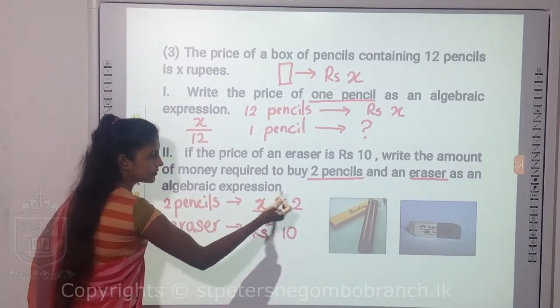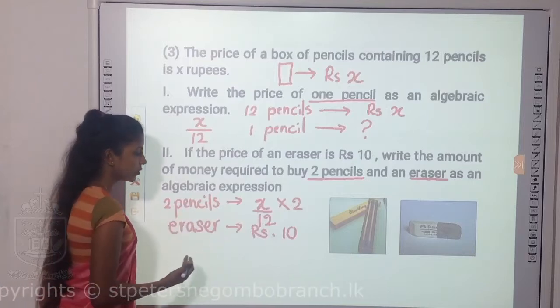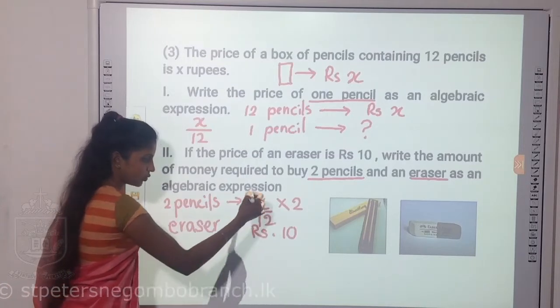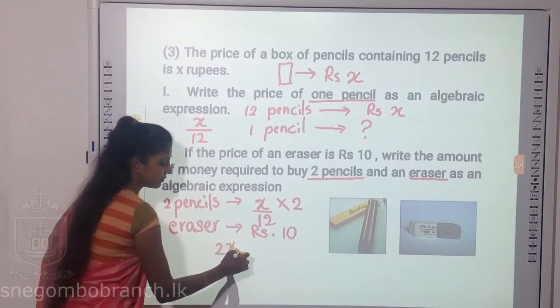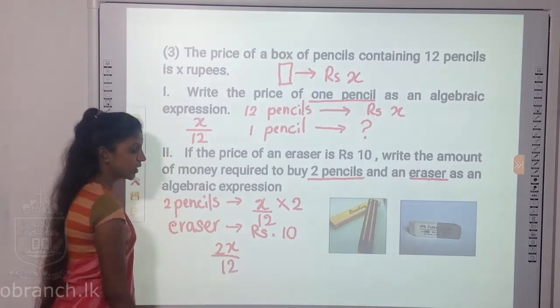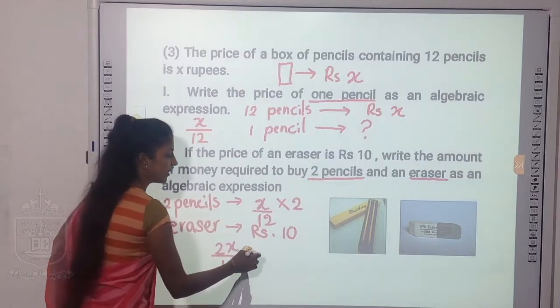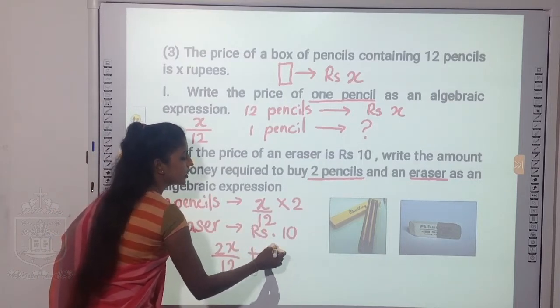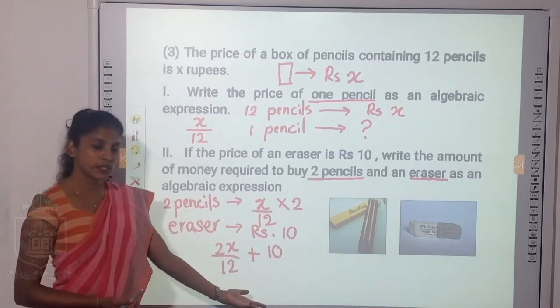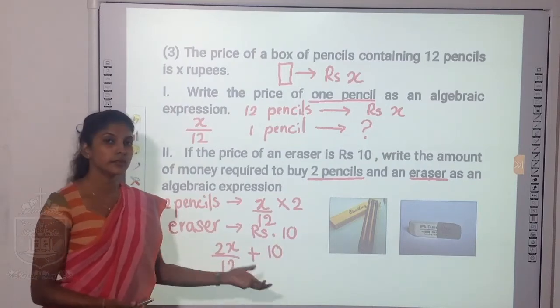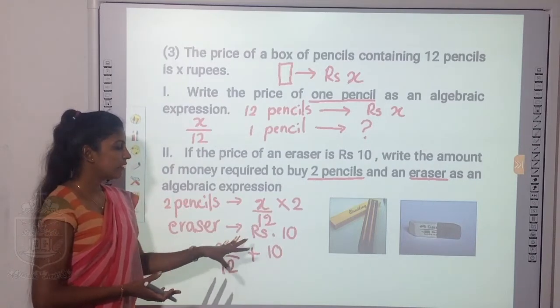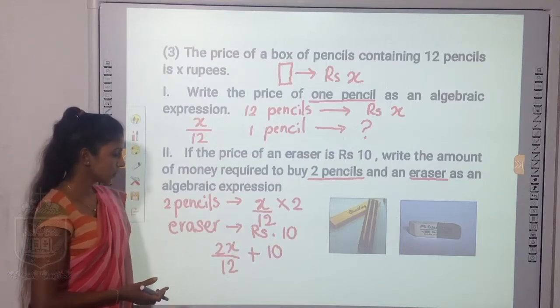That means like this. X into 2 we can take as 2x over 12 or we can cancel it, but I am going to take it as 2x over 12. 2x over 12 is the price of, sorry, 2 pencils, and then this is the price of an eraser. So this is the expression. This is the first term, the second term, both terms are added and form the expression.